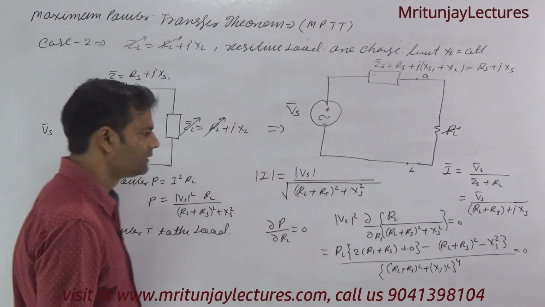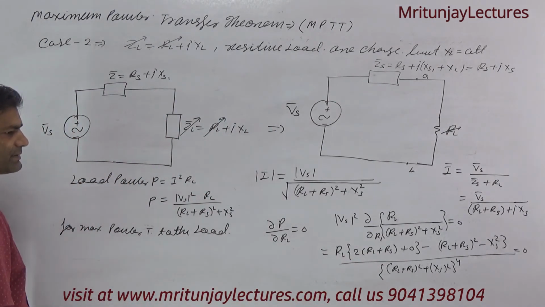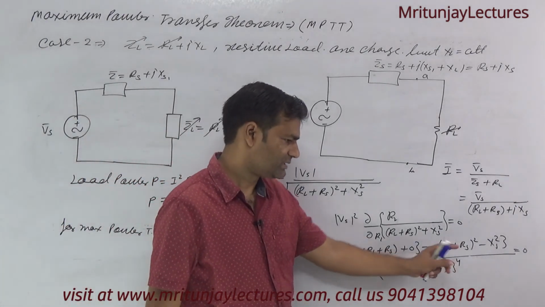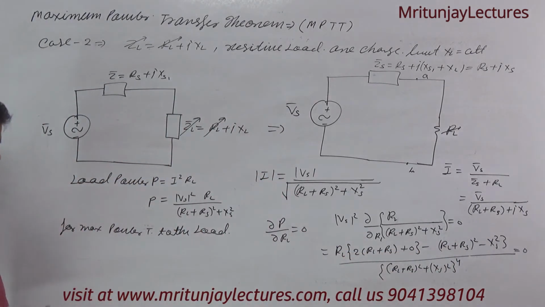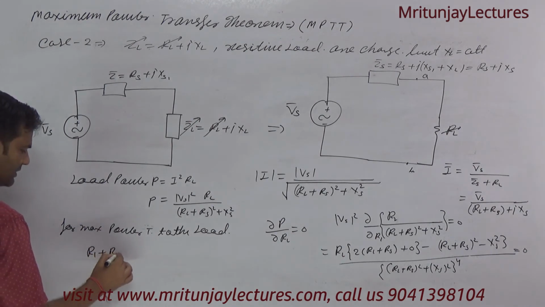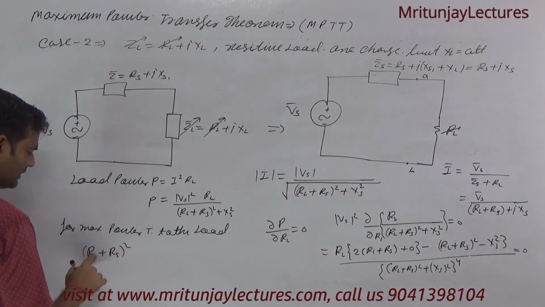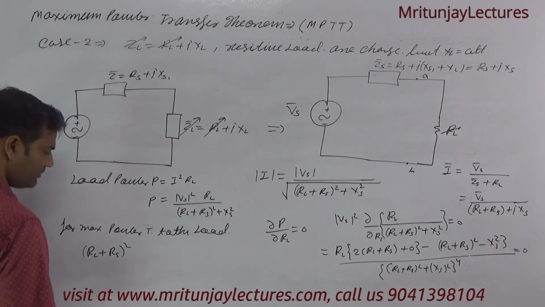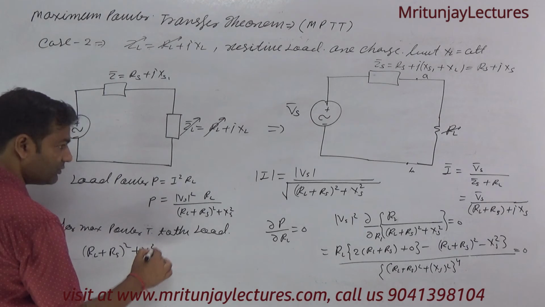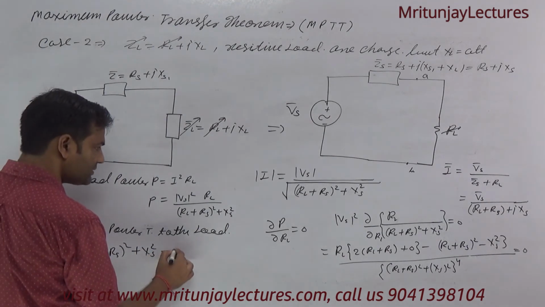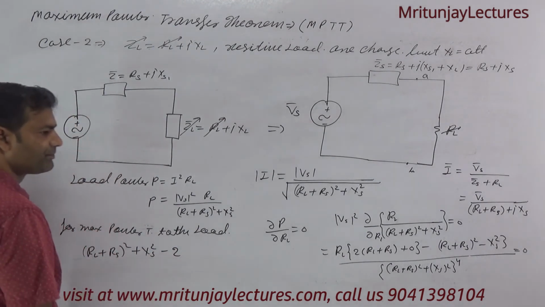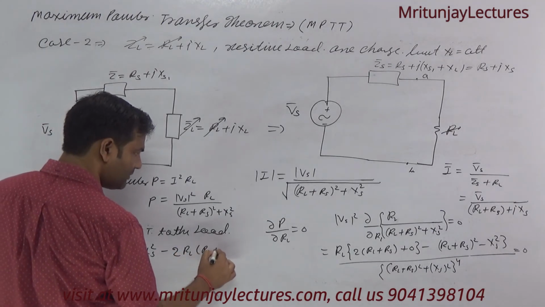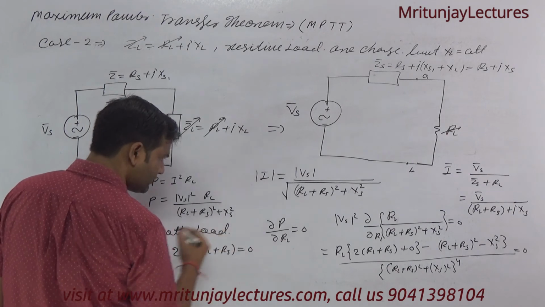Now this one is RS and RL minus RS, first written as RS plus RL, plus RS squared plus XS squared, minus 2 times RL into (RL plus RS), and this will be equal to 0.